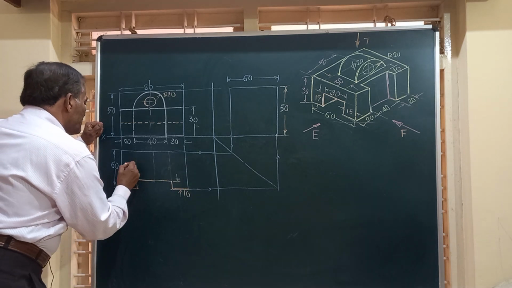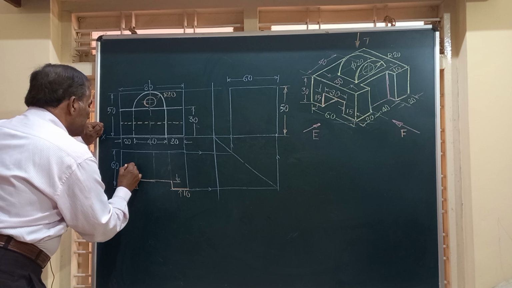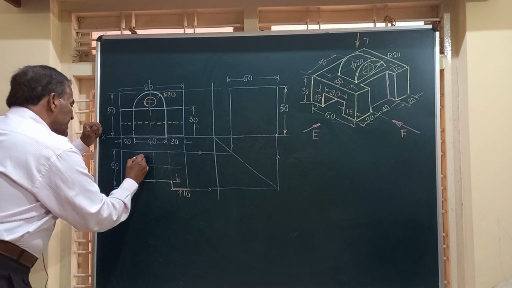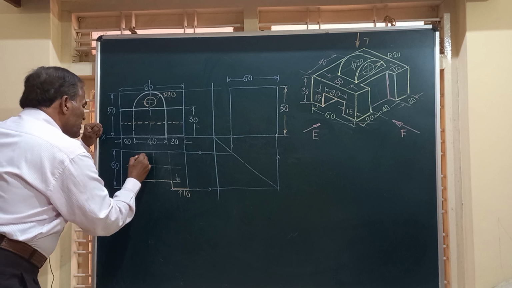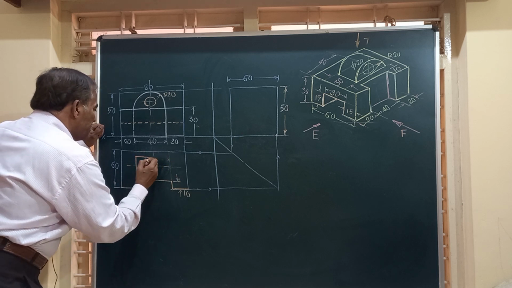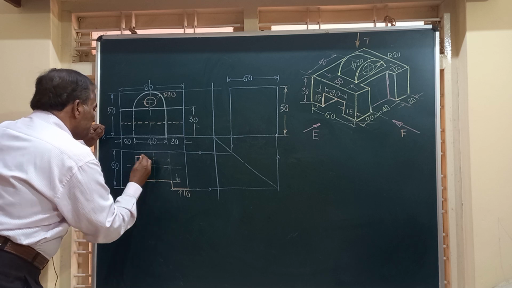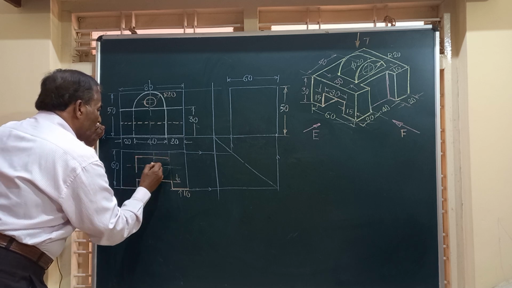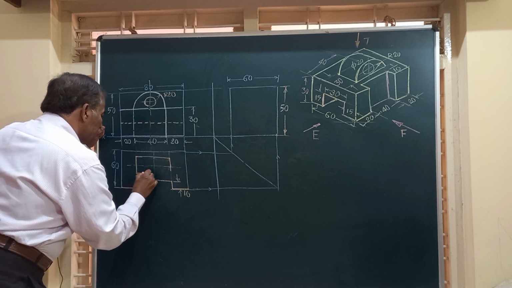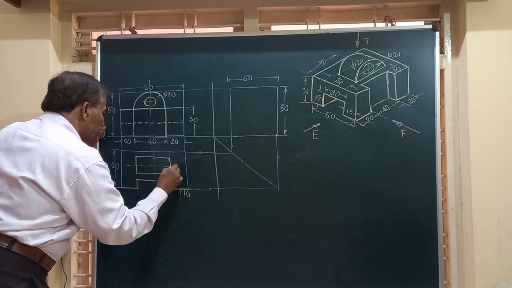So friends, in the center of this, we are going to have a rectangle for the circular surface which is seen from the top. So friends, you are going to have a rectangle like this.